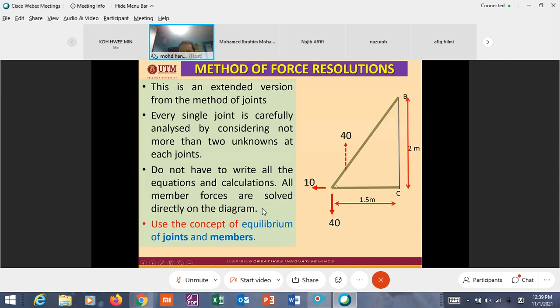Then this is vertical. On horizontal, oh sorry, this one should be 10. So you must have 10 here. Sorry, I don't know whether I can do it or not.